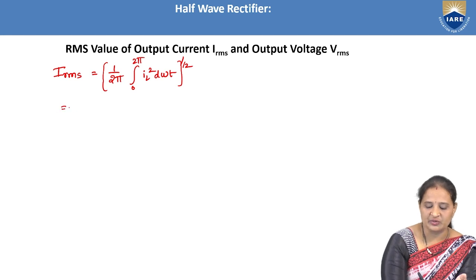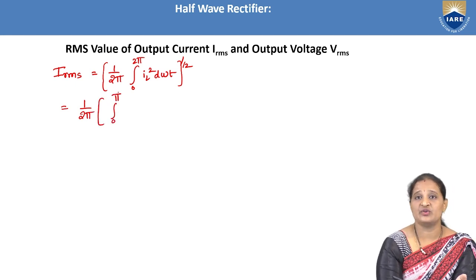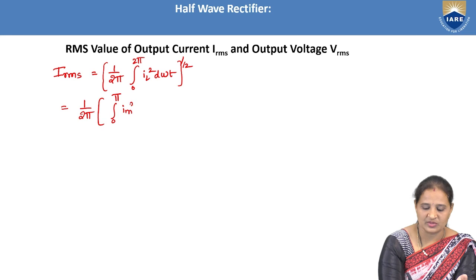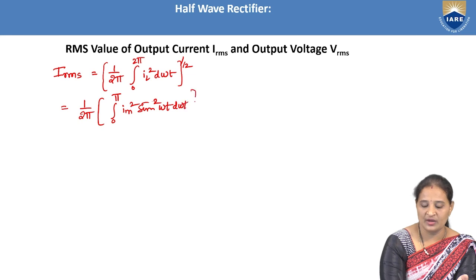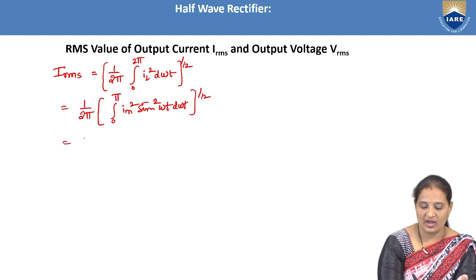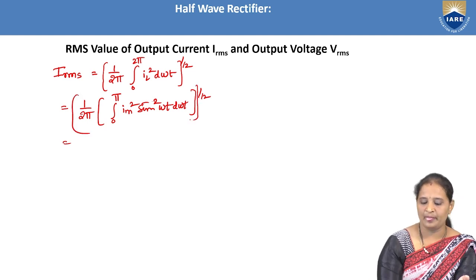Now let us substitute. Again, I want to divide the limits here. We only have to consider 0 to pi, because for pi to 2 pi the current is 0. So that is Im square sine square omega t d omega t, to the power of 1 by 2.